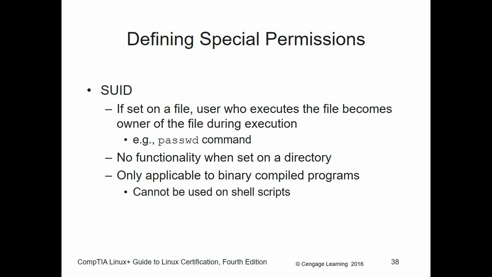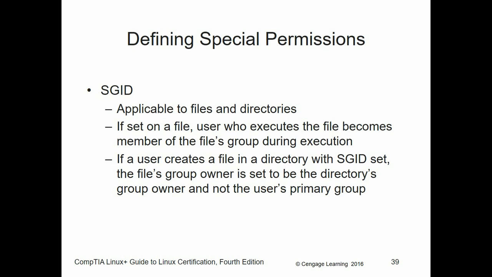If set on a file, the user who executes the file becomes owner of the file during the execution. The passwd command is an example. No functionality when set on a directory, only applicable to binary compiled programs, cannot be used on a shell script. SGID is applicable to files and directories.